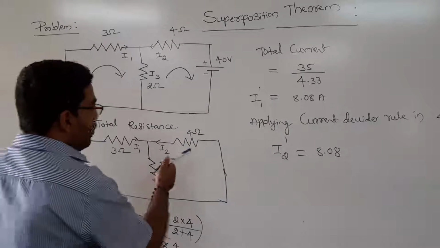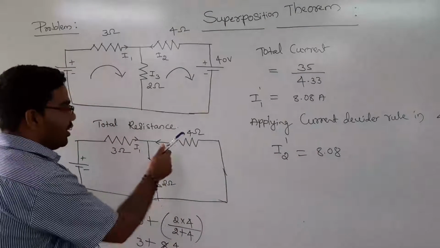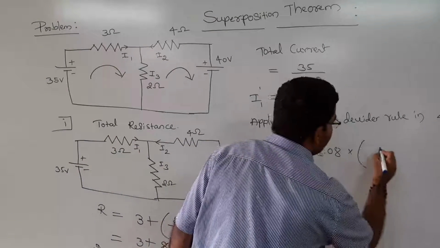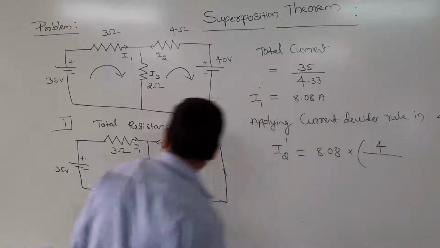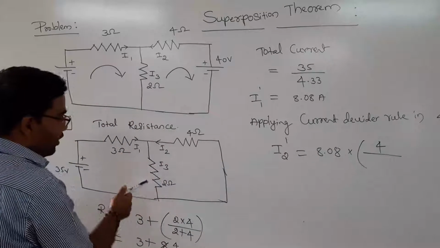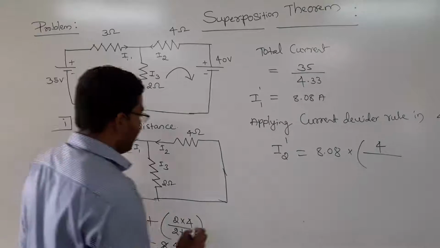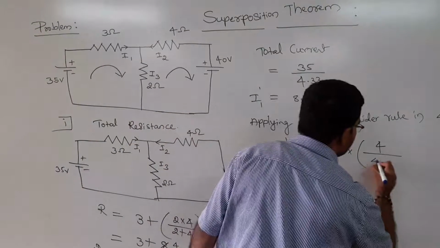Current in 4 ohm resistance means I have to consider 4 ohm resistance first. So 4 divided by, the resistance common between the two branches, that is 4 plus 2.